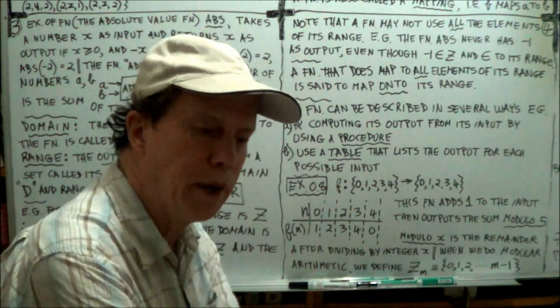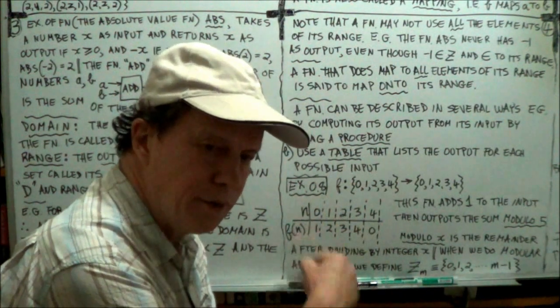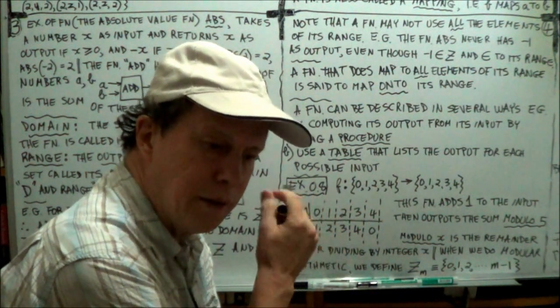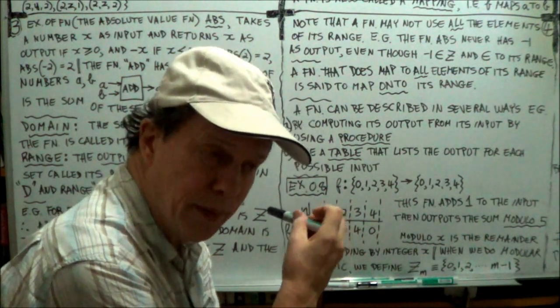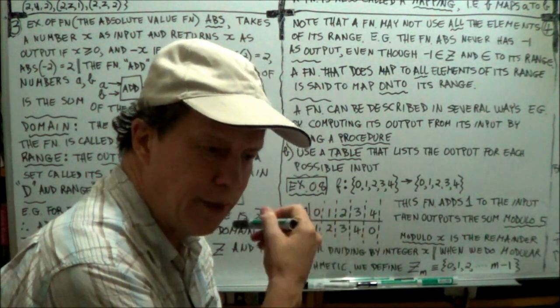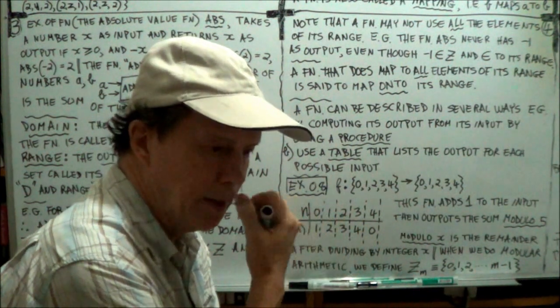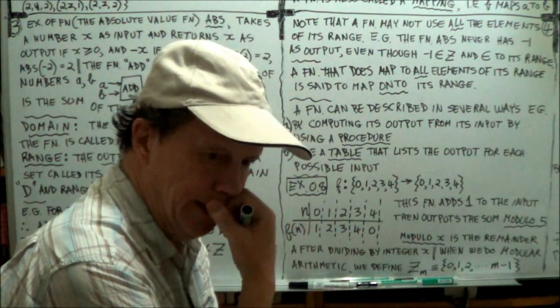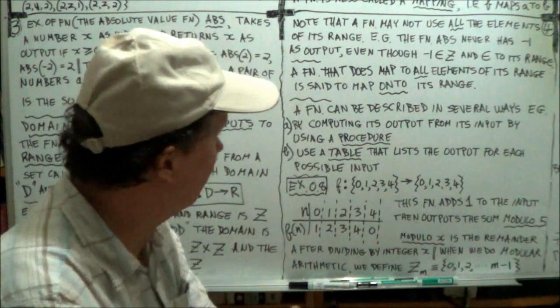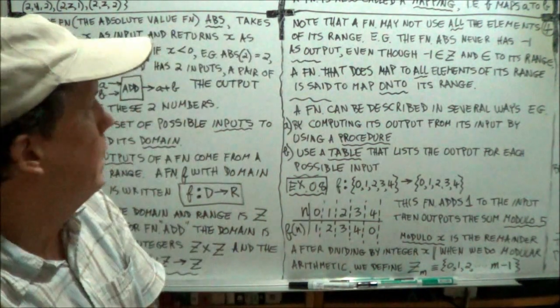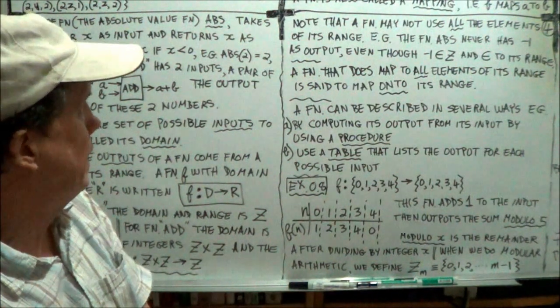When you have that kind of mapping, every element of your range gets mapped to by something in your domain. Think in terms of arrows. Okay.